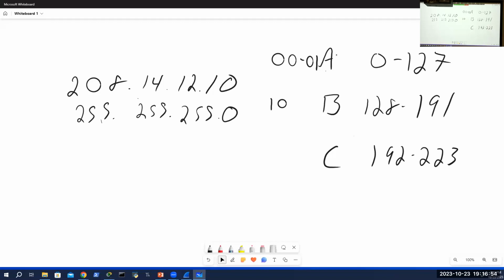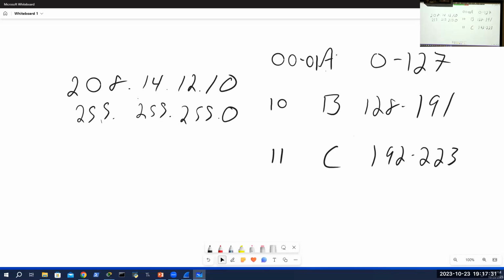So class B, to get values 128 through 191, you'll always have the first 2 bits be 1, 0. 1 followed by 7 zeros is 128. And then to get up to 191, you'll only have the 32, the 16, the 8, the 4, the 2, or the 1 bit. So that's why 1, 0 is the pattern for the class B. And then a class C, the first 2 bits will always look like that.